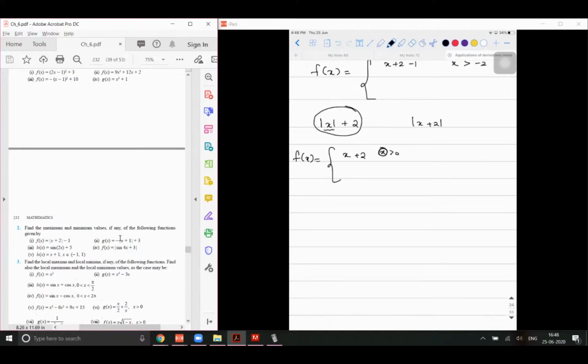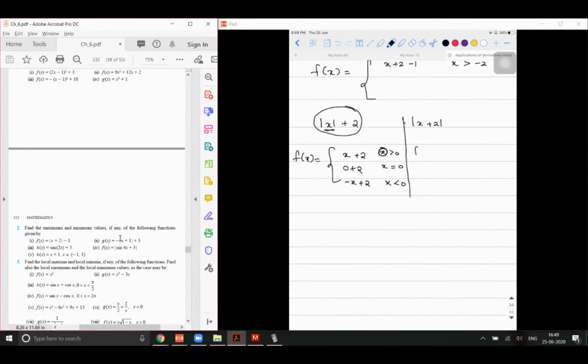Here what is inside the modulus? It is only x. So that value should be greater than 0. It will be 0 if the value inside the modulus is equal to 0. So x is equal to 0. Sorry, it will be 0 plus 2. This plus 2 is fixed. Then it will be minus x plus 2 when the value of x is less than 0. I hope this point is clear.